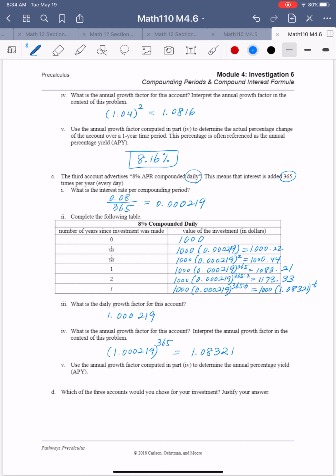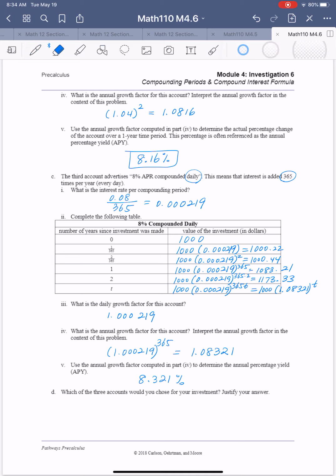And then you use the annual growth factor computed in part 4 to determine the annual percentage yield. The APY is going to be 8.321%.